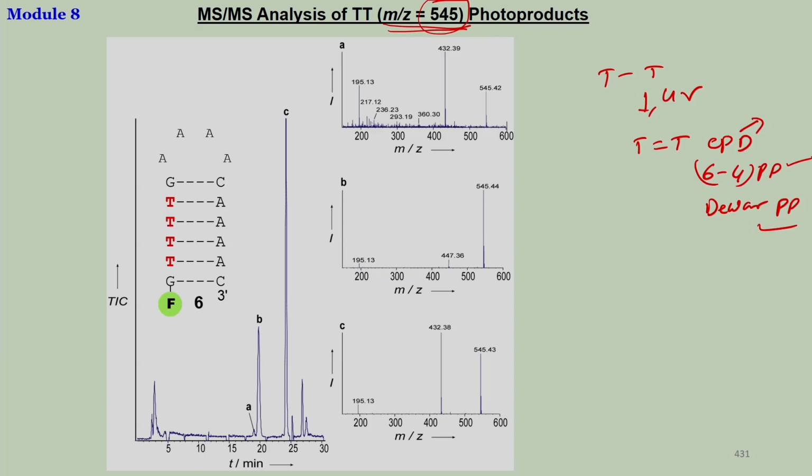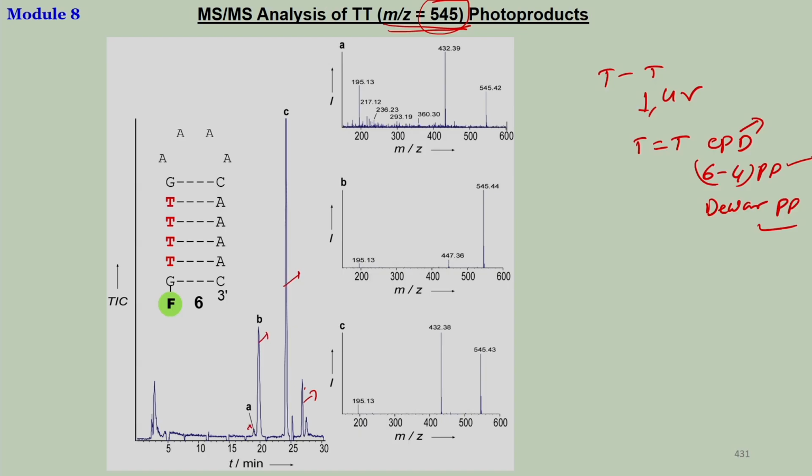This is the HPLC diagram, which is connected further to the mass spec. All these peaks go individually through the mass spec to analyze what the mass is and what the fragmentation pattern is.